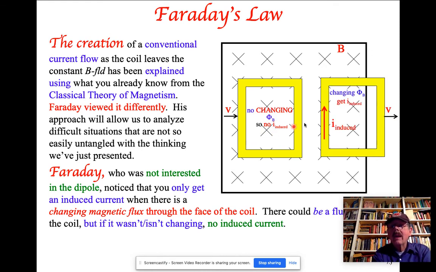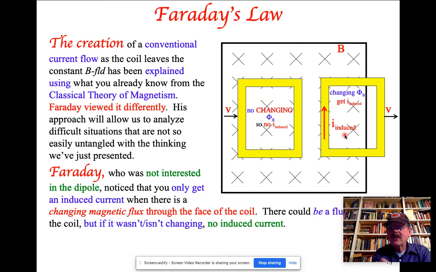On the other hand, when you got into this situation, now the magnetic flux is diminishing. You have fewer magnetic field lines through the face of the coil. And when the magnetic flux was changing, then you noticed an induced current. So apparently, changing magnetic flux generates current. And not only is it changing, but it's the rate at which it changes.